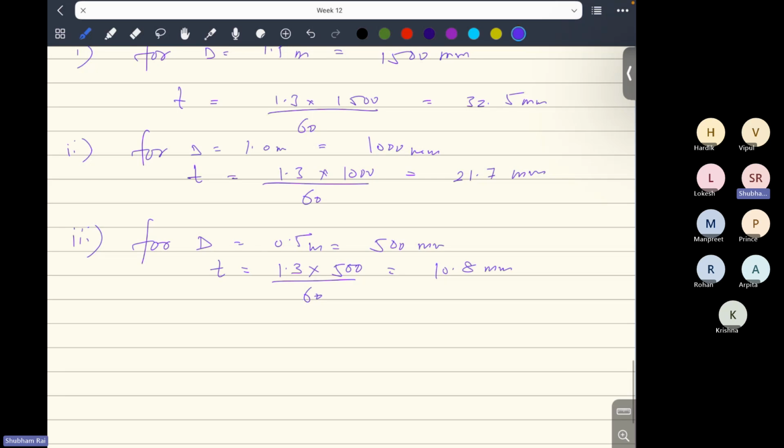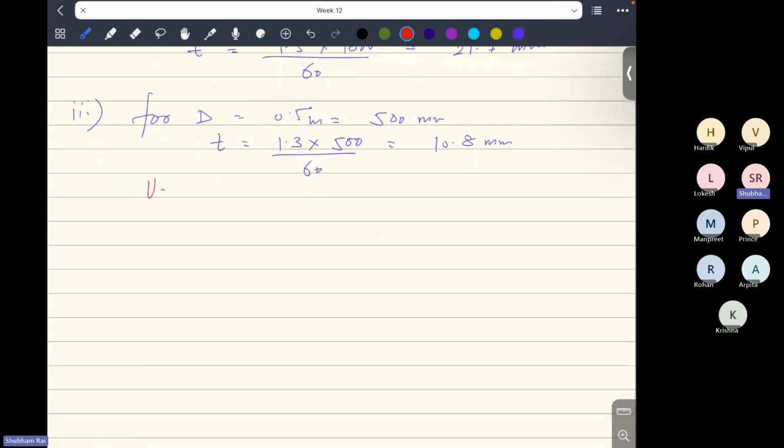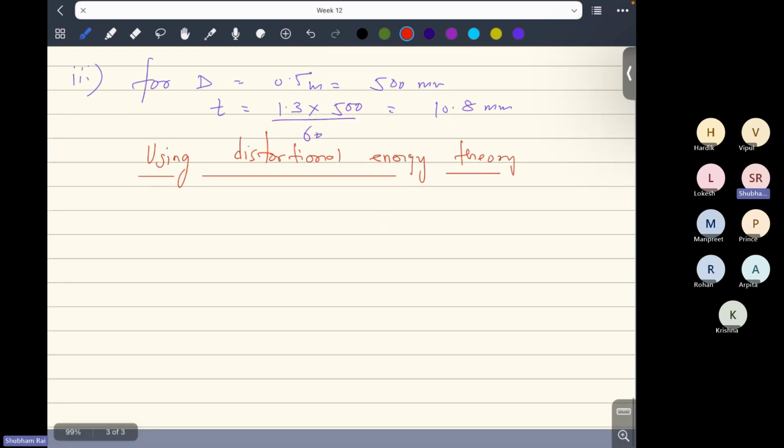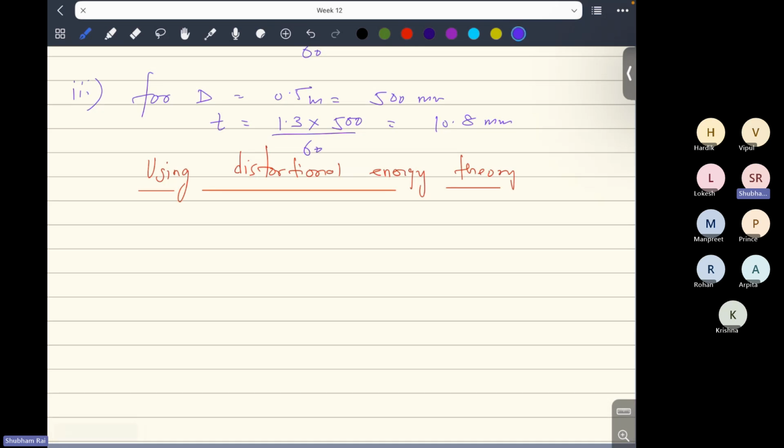Now going for the distortional energy theory. Since you have only sigma 1 and sigma 2, we take sigma 1, the first principal stress, as hoop stress, and the second principal stress as longitudinal stress, and the third principal stress will be 0, because in the radial direction we don't have any normal stress in thin cylinders, we are assuming it to be 0.